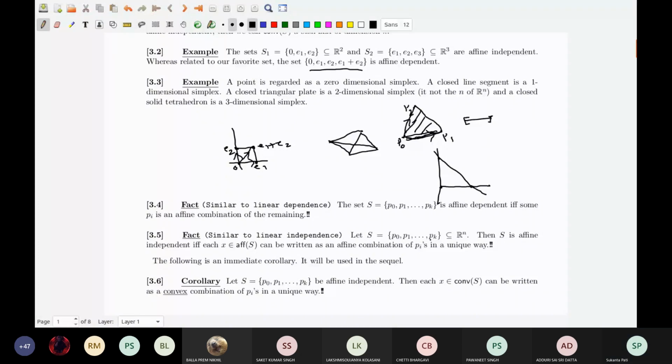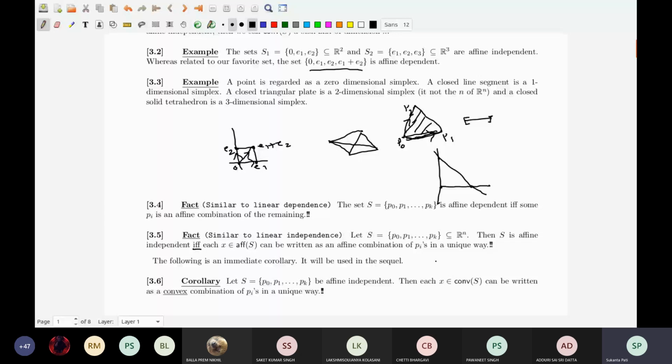Every point in the span can be written as an affine combination, as a linear combination of the Pi's, in a unique way. So that is the unique representation with respect to the basis.